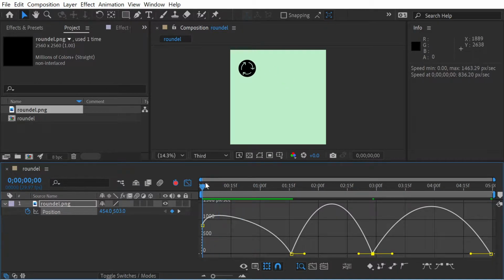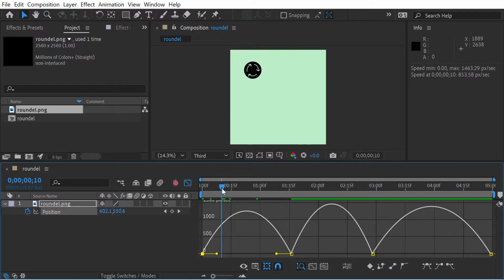But what you can see then is that the position then, okay, so in general, let me just put this one down to there. In general, from what I can understand, for a lot of these things with easy ease, it's better that the start and end points are very slow like that.